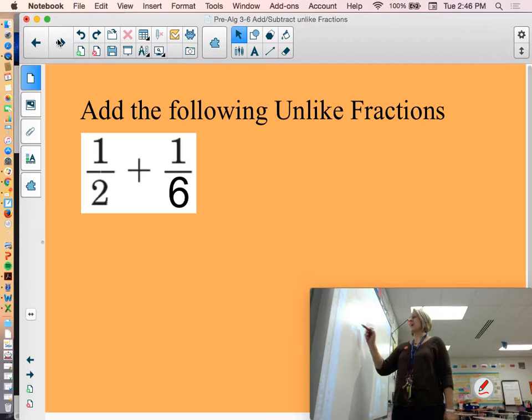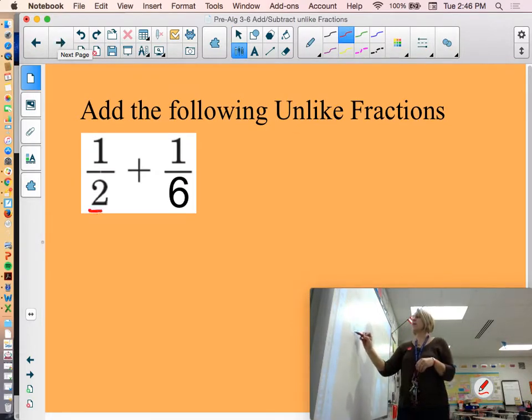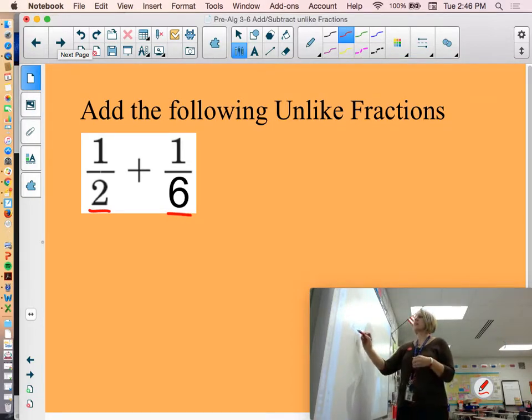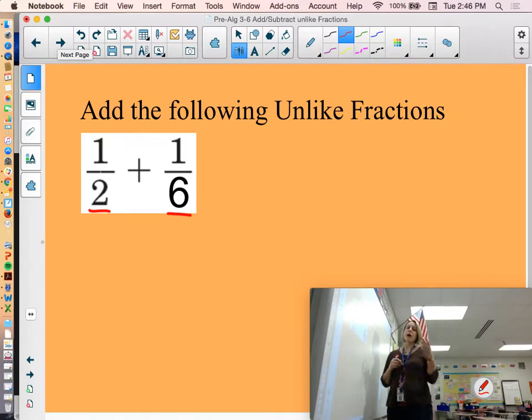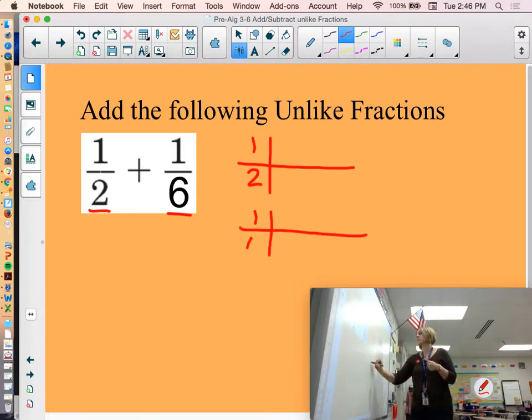All right, 1/2 plus 1/6. Let's try this problem. So, unlike fractions, because they both have a different denominator, you already know that, but now we need to get them to have a common denominator. So what I'm going to have you try this year is using a table. We're going to put 1/2 in one of the tables, and 1/6 in the other table.